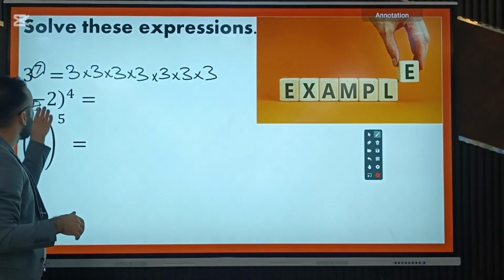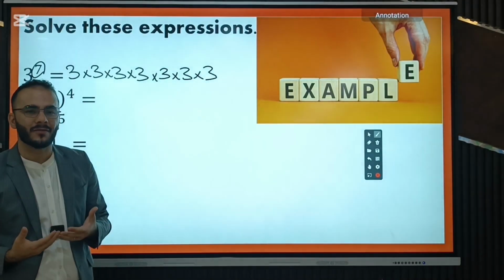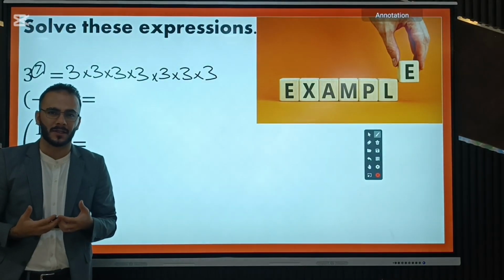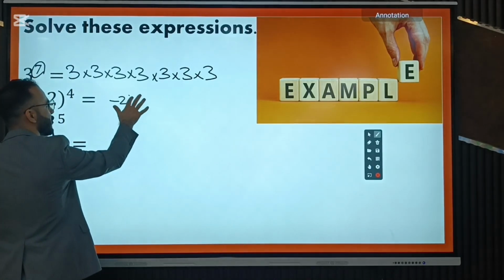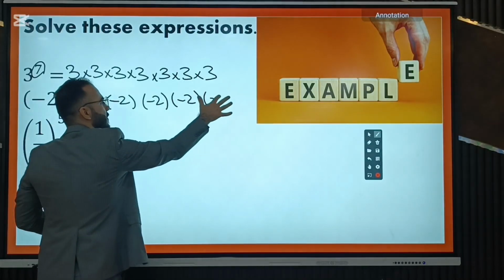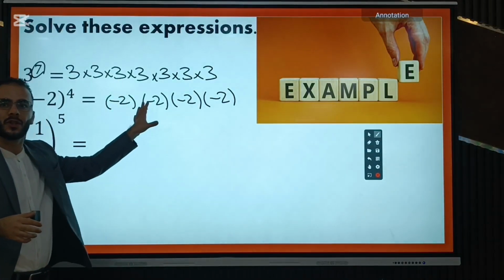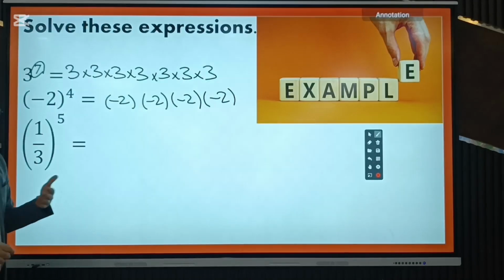How about negative 2 powered by 4? We have to multiply negative 2 by itself how many times? Perfect, 4 times. So negative 2 times negative 2 times negative 2 times negative 2. Finally, we have a fraction, which is 1 over 3 powered by 5.